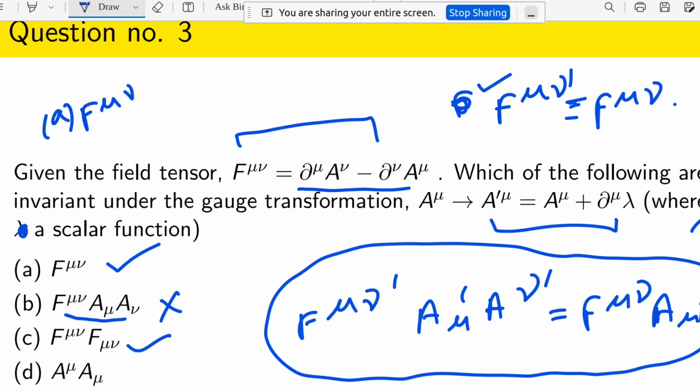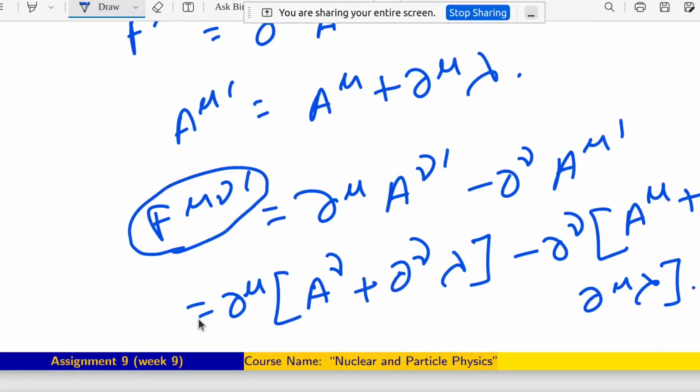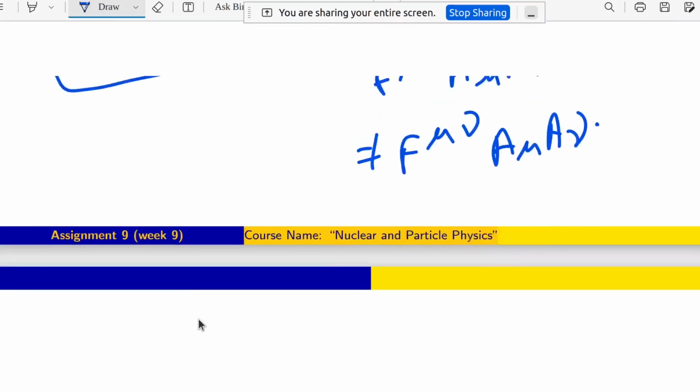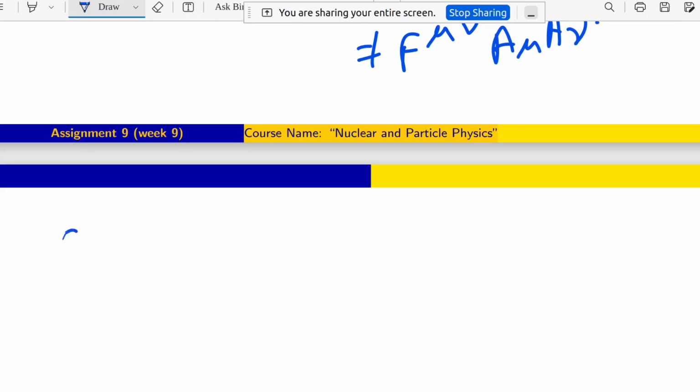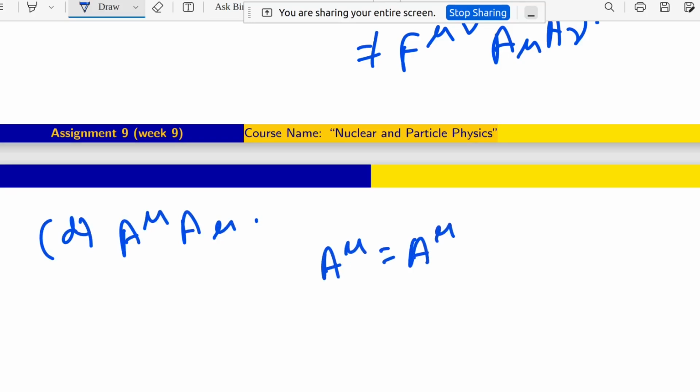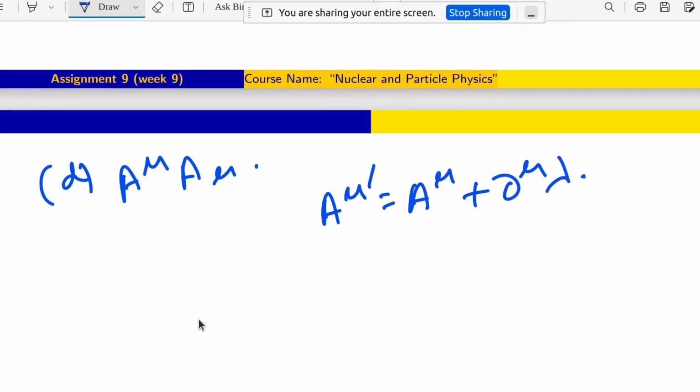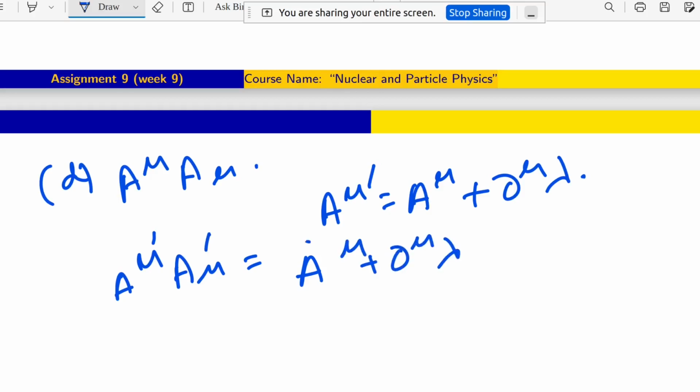So okay, now coming to D option, A_μ. Now you have seen that A_μ prime is this one, so I am just going to write here A_μ prime, which is A_μ plus ∂_μ λ.